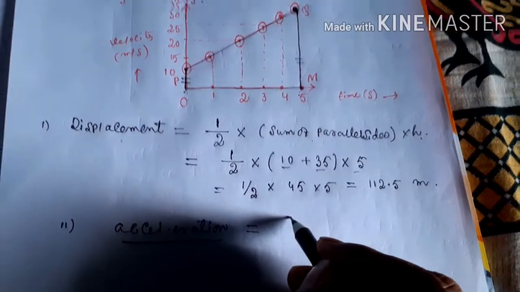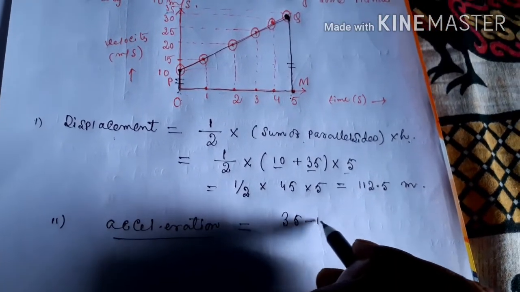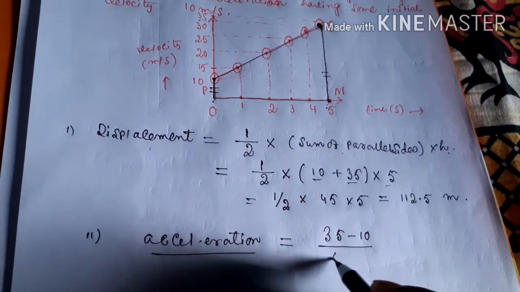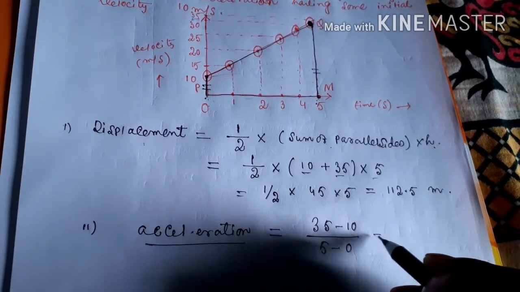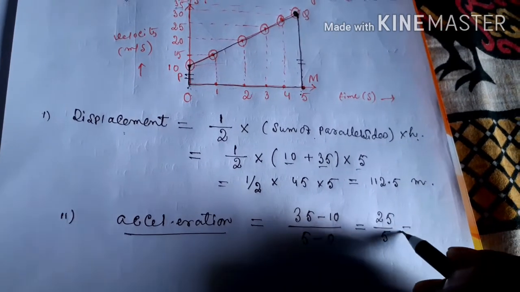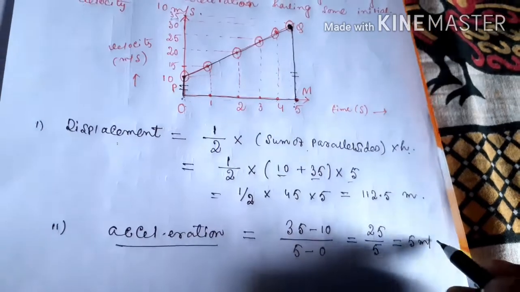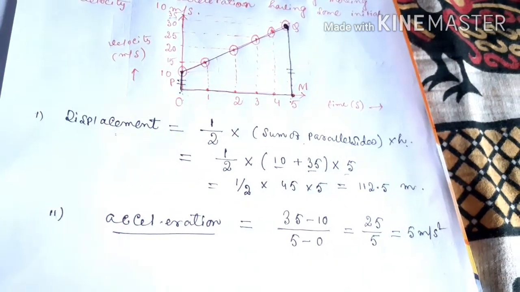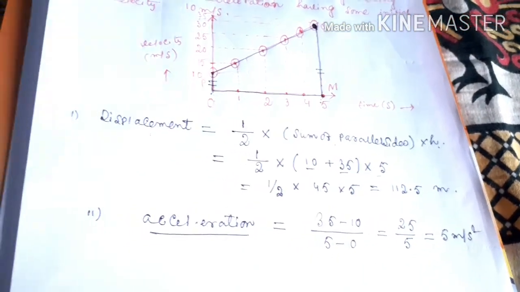So you can calculate 35 minus 10 divided by 5 minus 0. That is 25 divided by 5 equal to 5 meter per second square. That is actually the acceleration of the body.